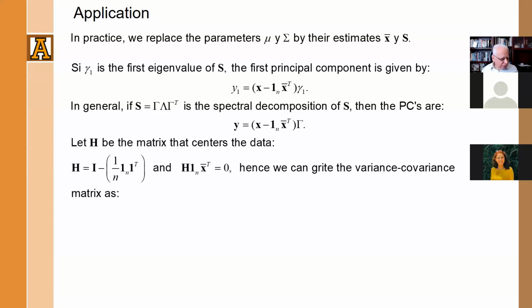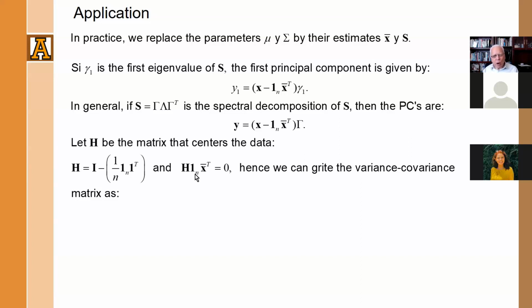Now, we'll introduce another matrix here just to simplify notation. If we denote by H the matrix that centers the data, you see the matrix is the identity matrix minus a matrix that has 1 times 1 transpose. So what we're doing when we apply H to a vector, we're centering that vector, okay?